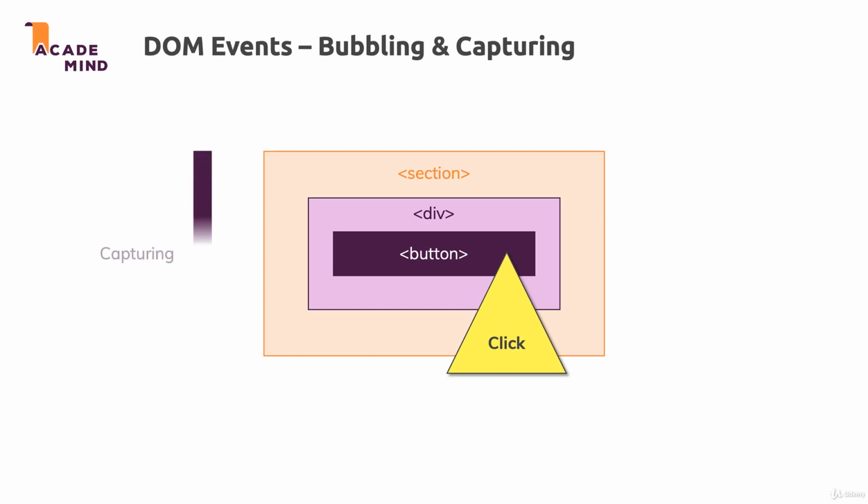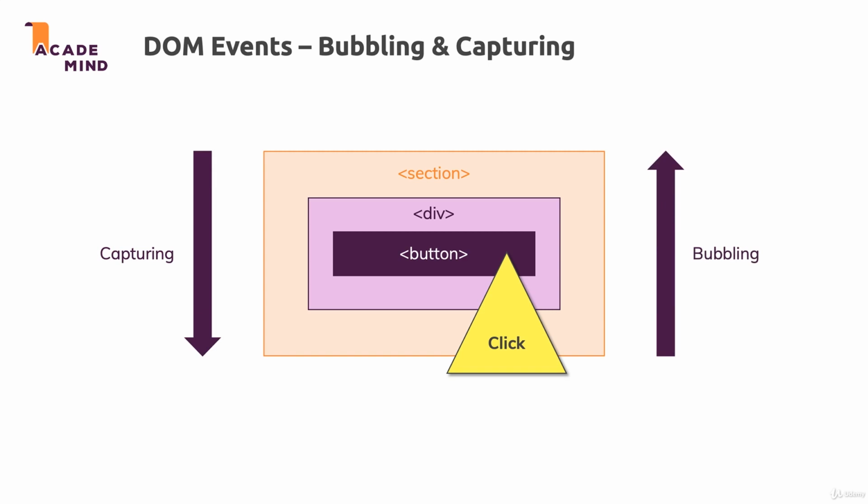Now what actually happens is that the browser runs through two phases where it checks for listeners to that event. First, it runs through a phase which is called the capturing phase. Second, it runs through a phase which is called the bubbling phase. Now, the capturing phase goes from outside to inside. What does this mean? It's important to understand that a click event on such a nested button can not just be listened to with event listeners on the button, but for example, also with an event listener on that section.